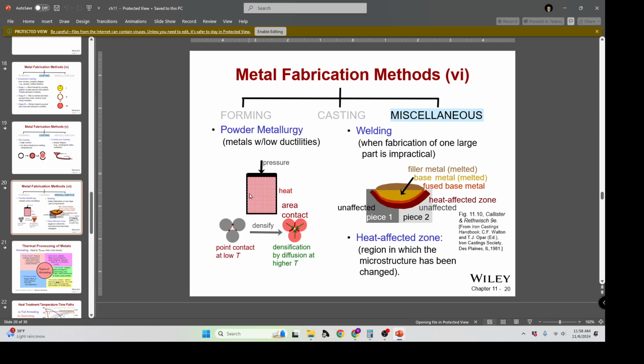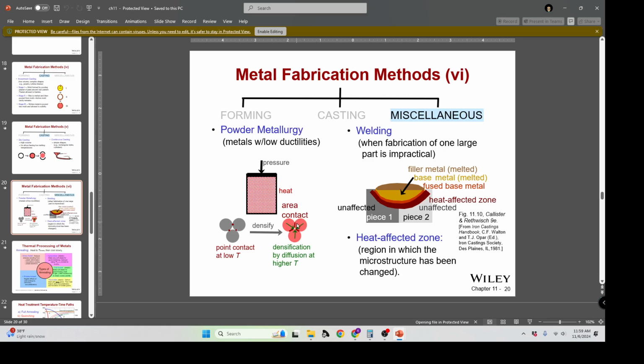So powder metallurgy is becoming more common in the industry because of its relatively low expense compared to some options. There are a lot of MIM parts, metal injection molded. Powder metallurgy starts with points of contact.